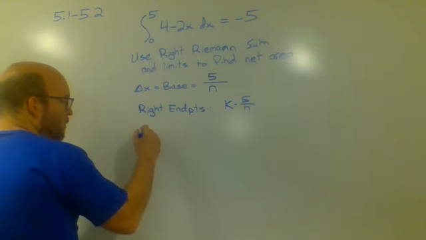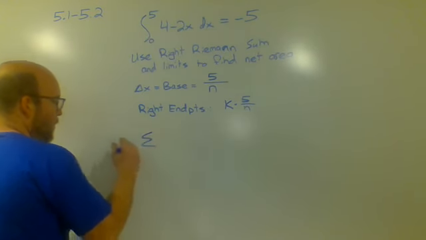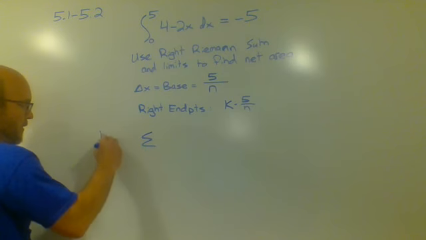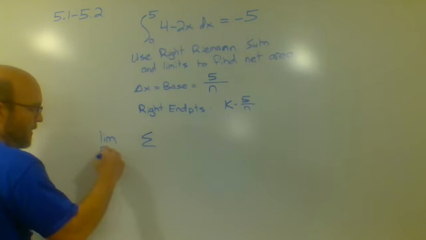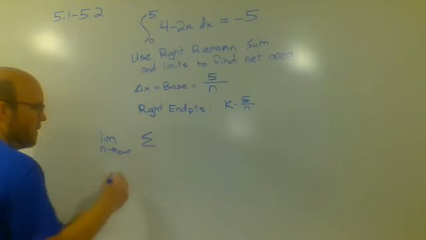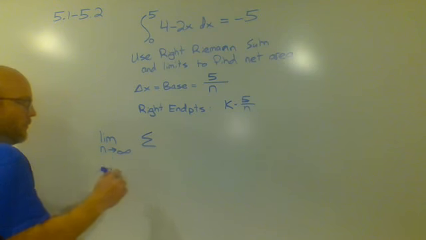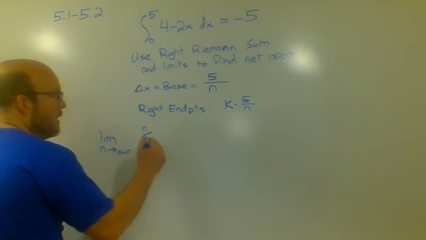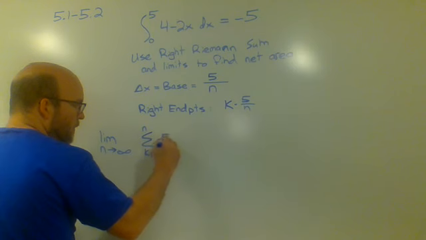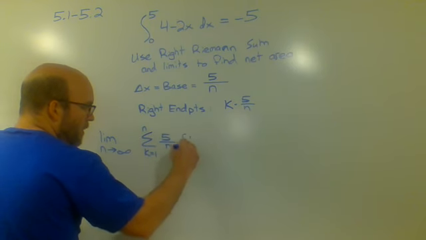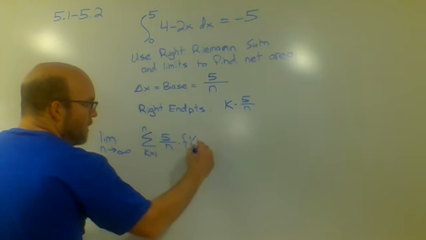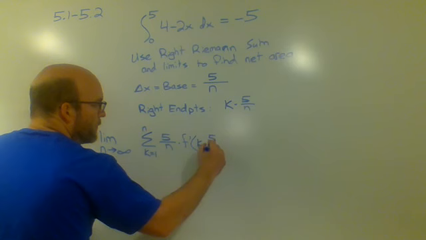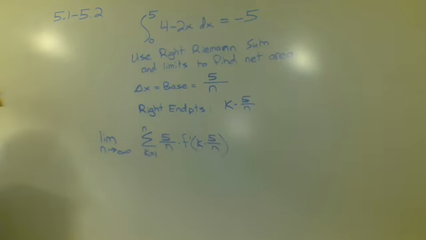And then finally, we put this together. If I'm looking for the actual net area, we have to realize we're going to take the limit as the number of rectangles goes to infinity. But the actual Riemann sum runs from k equals 1 to n of the base of the rectangle times the function evaluated at the right endpoint. Okay, so that's just the shorthand notation for what it looks like.